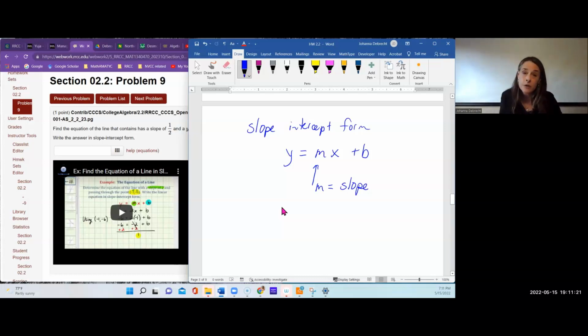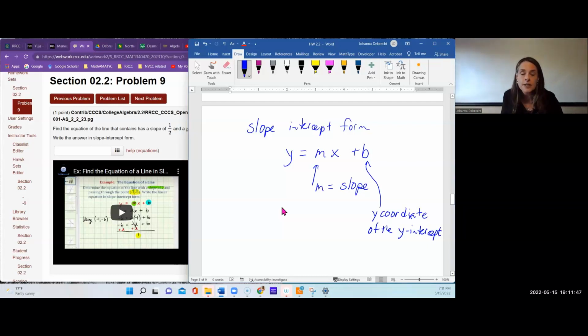And again, read the graph from the left side to the right side. What is the b? b is the y coordinate of the y-intercept. We've already talked about how to find intercepts. Remember, intercepts are ordered pairs where one of the coordinates is 0.